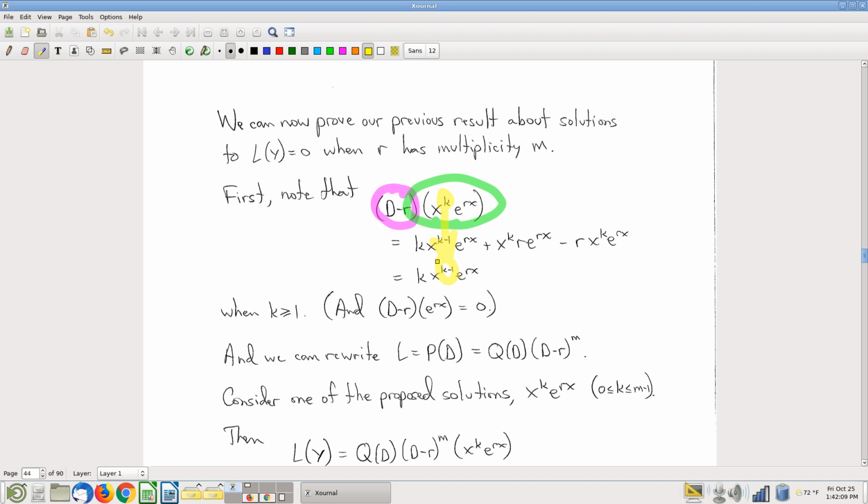It reduces that exponent by 1. Now it also throws an extra factor out here, and that's something we have to keep track of. It's more of a detail. But structurally, the big point is d minus r does something very predictable to these kinds of functions. It mostly preserves the form, a minor change to one exponent, and, sure, some constant out front.